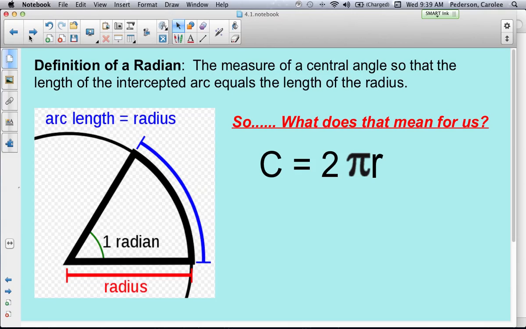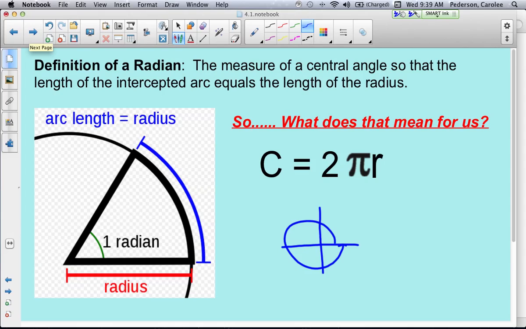So the distance around an entire circle is 2 pi, if our radius is 1. So when we give you an angle, and we want you to go all the way around, yesterday we said that's 360 degrees. Now in radian measure, this is 2 pi.